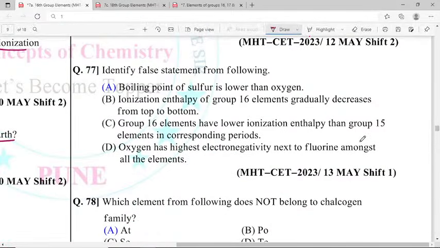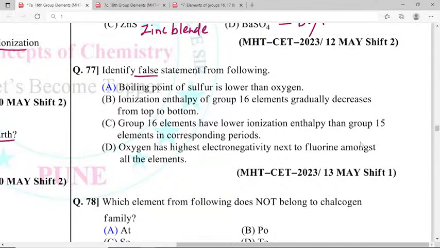Identify the false statement from the following. False means not true, incorrect.